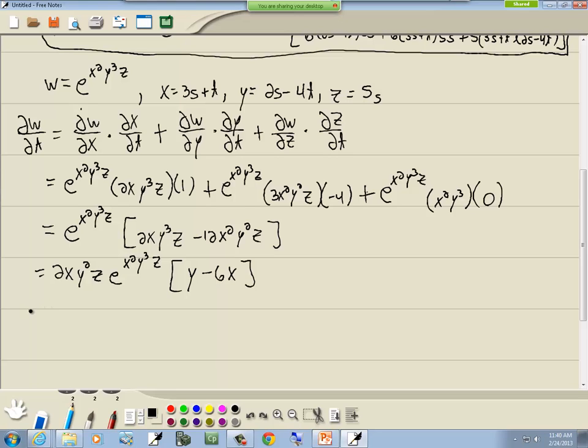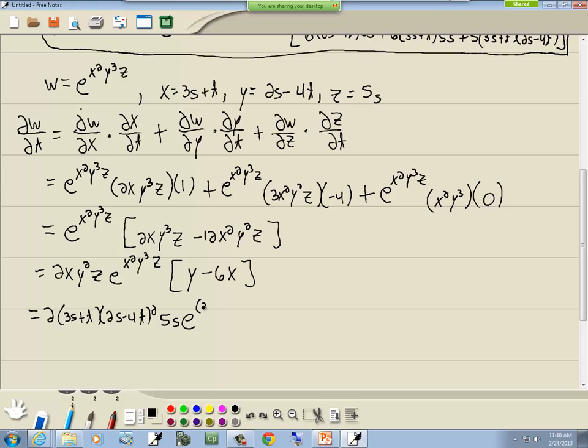Okay, well, let's plug in our values now. The x equals 3s plus t, y is equal to 2s minus 4t, and z is equal to 5s. So we have 2 times 3s plus t times y squared, which is 2s minus 4t squared, times z, which is 5s, e to the x squared.